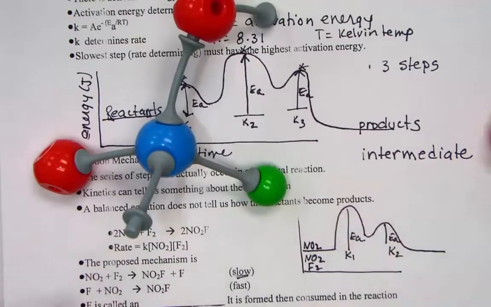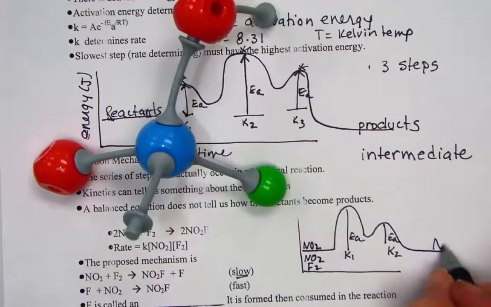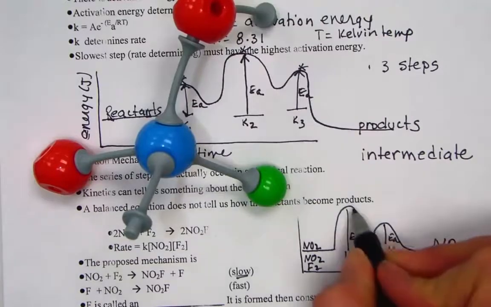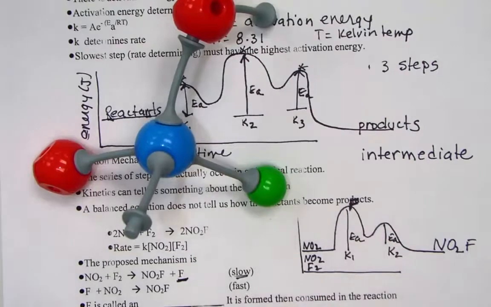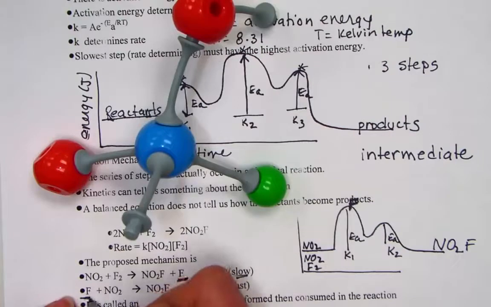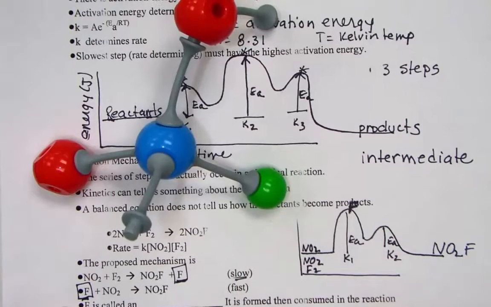The intermediate was that single atom of fluorine. We already produced one of our products, NO2F, but at the top of that energy barrier was that atom of fluorine. Notice immediately in the next collision, it hit the second molecule of NO2. Immediately made, but immediately used in the next step, we call this fluorine atom an intermediate.